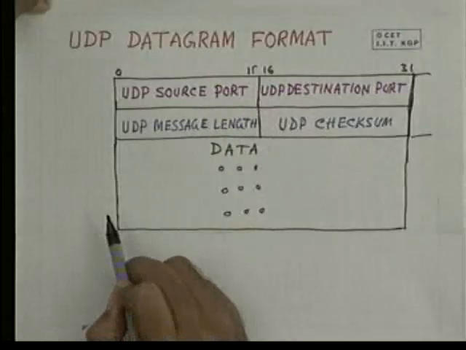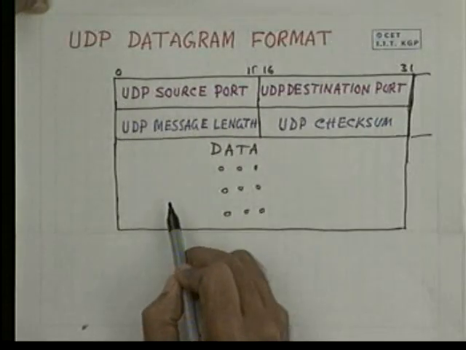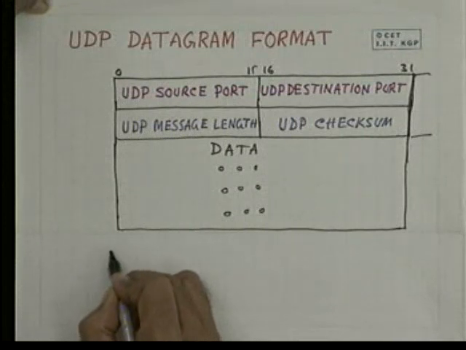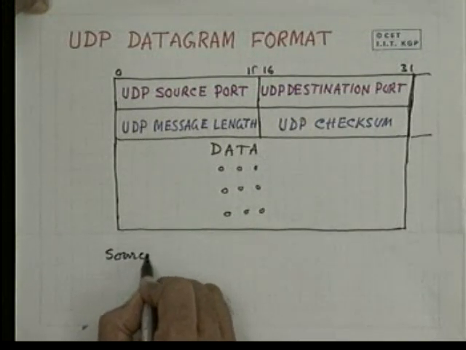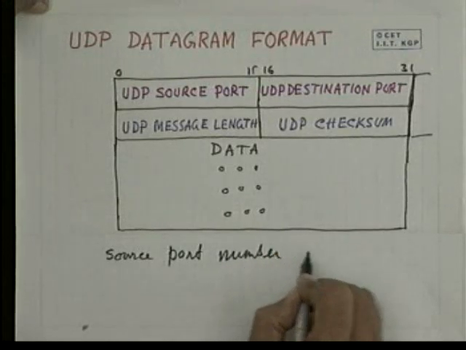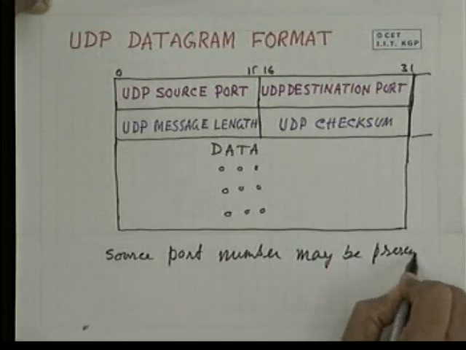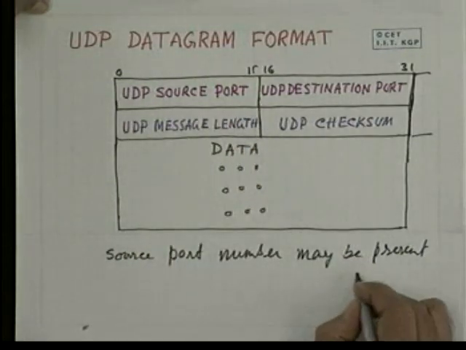Now you may be asking, this source port number, is it always necessary? The answer is no. The source port number may be present or may not be present. Whenever it is not present, it is given the value 0.